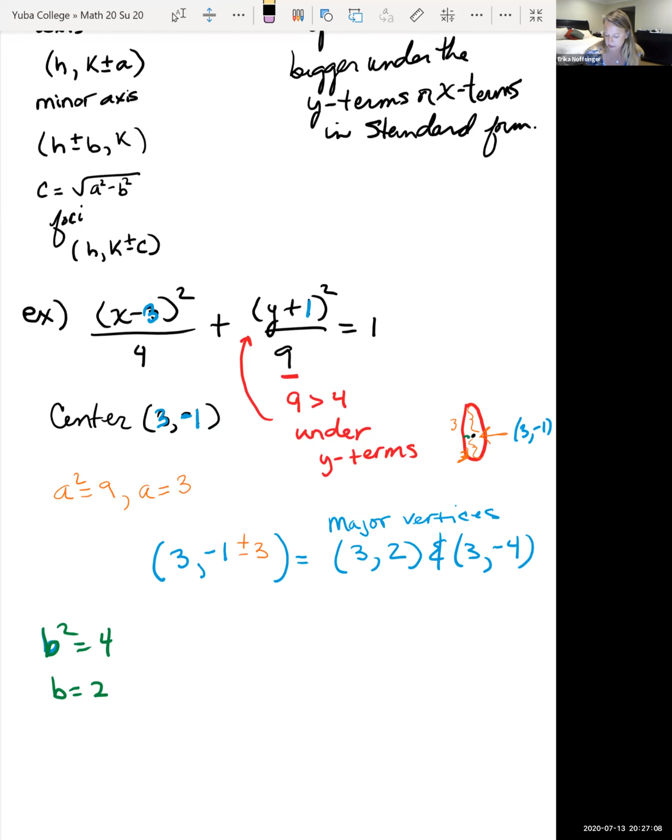And so going left and right, 2 from my center, that's 3 plus or minus 2. And my k value is staying the same, which is negative 1. So my minor vertices, well, 3 plus 2, that's (5, negative 1). And 3 minus 2 is (1, negative 1).